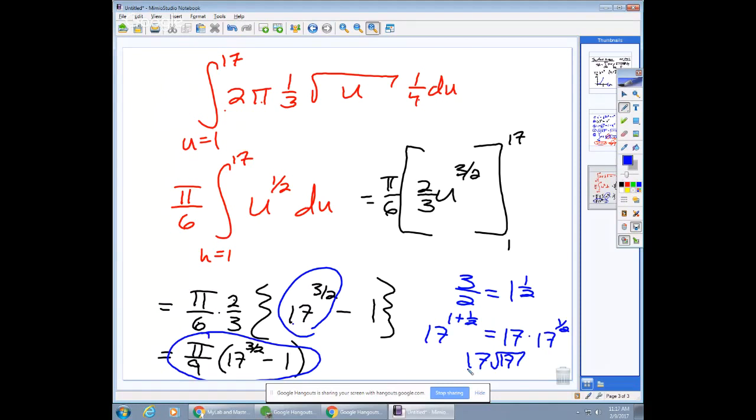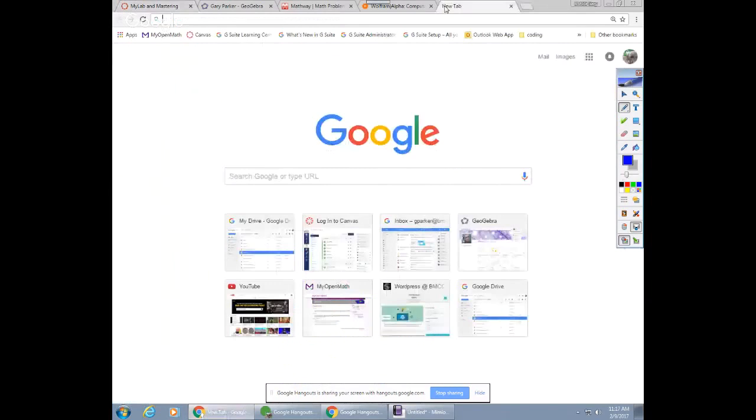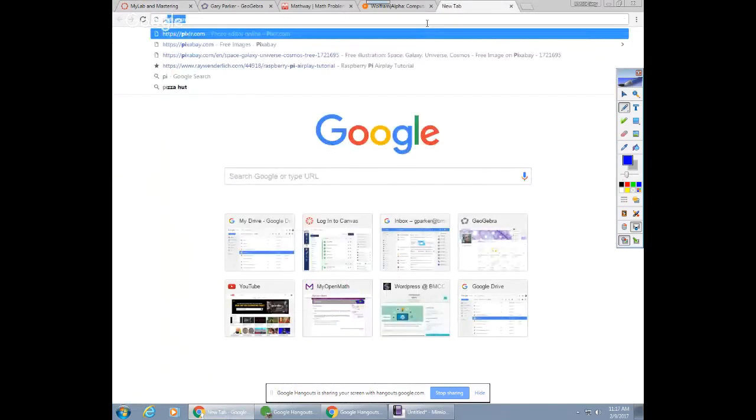I'm going to type that into my calculator, and then I'm going to type my integrand into something like GeoGebra and get an approximation. So doing that, first, let's take the pi over 9 times parentheses 17 raised to the parentheses 3 over 2, right?